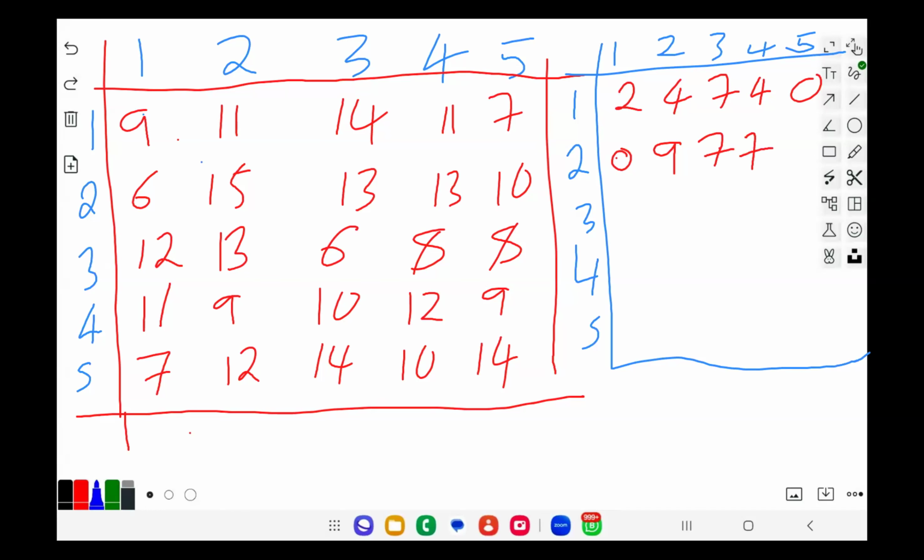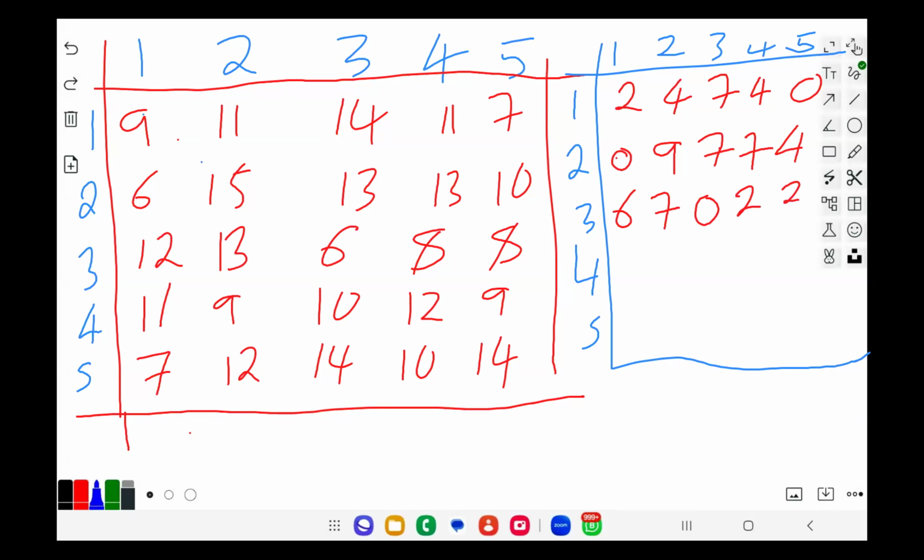The other column is 6 again: 12 minus 6 is 6. 13 minus 6 is 7. 6 minus 6 is 0. 8 minus 6 is 2.